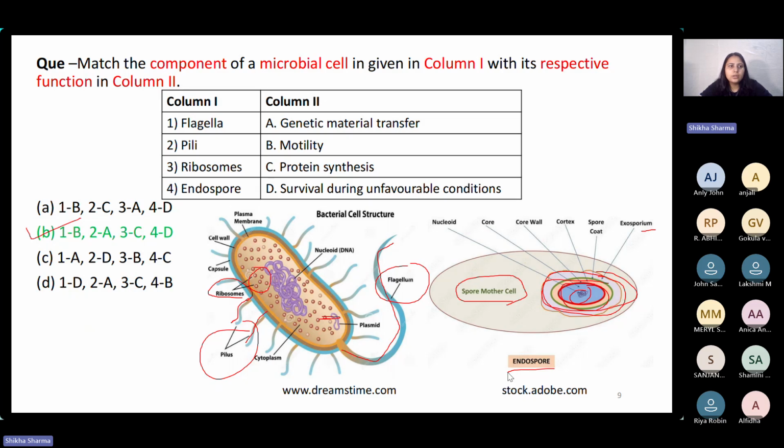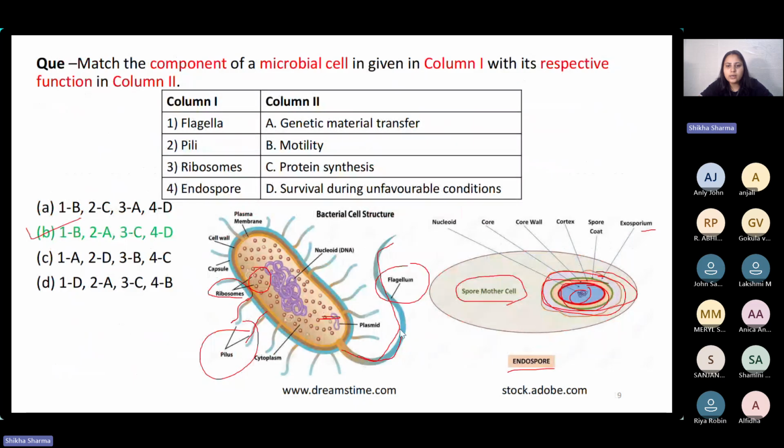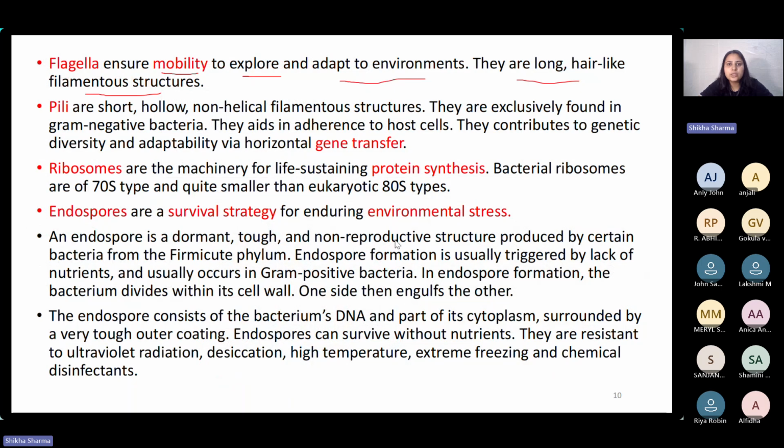So flagella basically ensure mobility to explore and adapt to the environments. They are long hair-like filamentous structures, so that bacteria can go anywhere and stick to a new surface. In search of food, this bacteria can go. So pili is basically a short, hollow, non-helical filamentous structure.